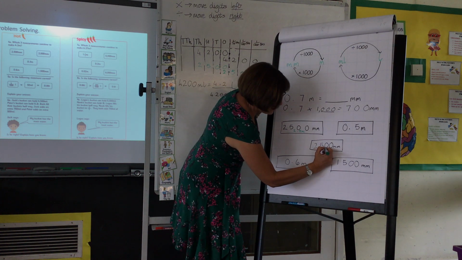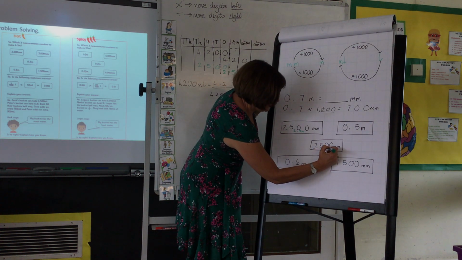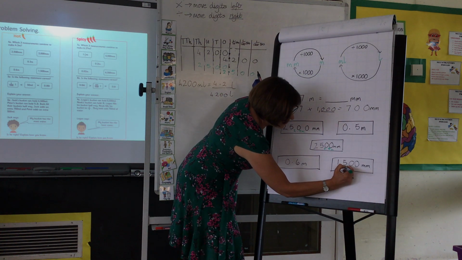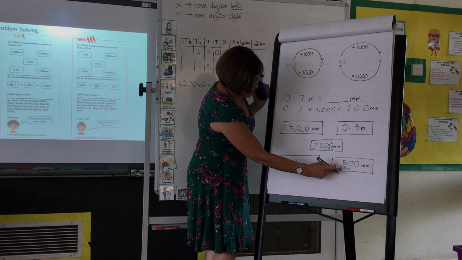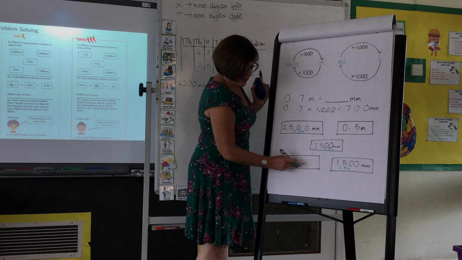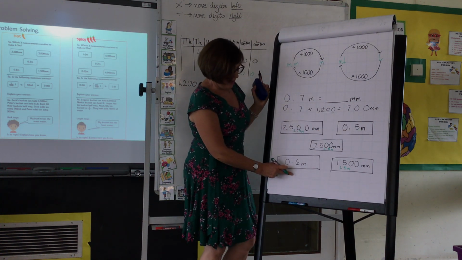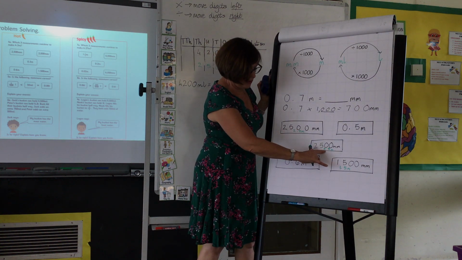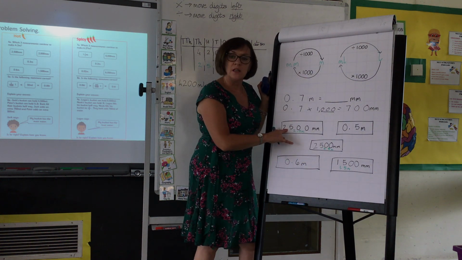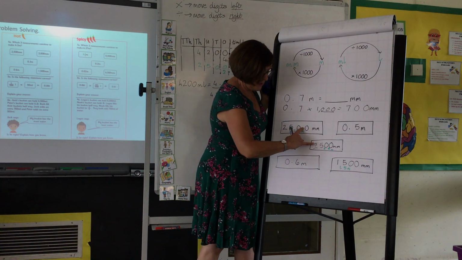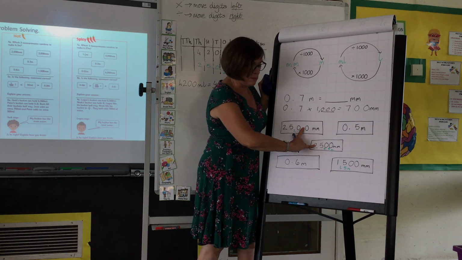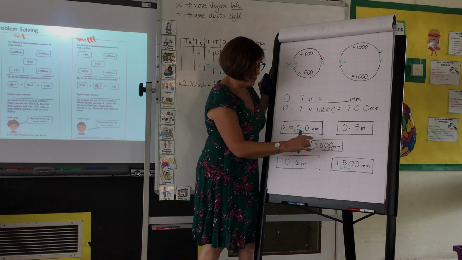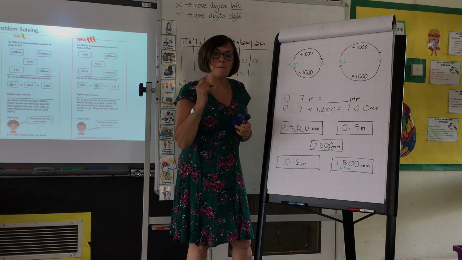This one would convert to, it's the same, 2.5 metres, and this one would convert to 1.5 metres. And it means that you can look at which ones would add together to make 5. And if you're quite good at mental maths, you'll know that 2.5 plus 2.5 would add together to make 5, in which case this is what your answer would be. 2,500 millimetres plus 2,500 millimetres would add to make 5 metres.